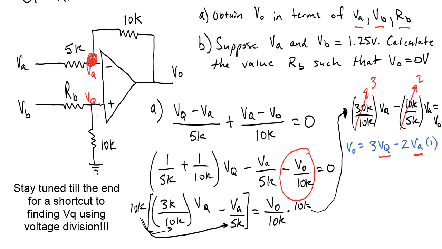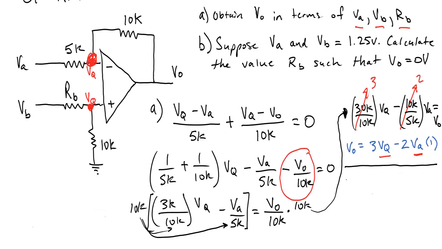Now we're going to look at the node on the positive terminal right here, and we're going to get another equation for VQ using nodal analysis. So draw a line here. We can say VQ minus VB over RB plus VQ over 10K. So that was the second resistor going to ground. That's equal to 0.